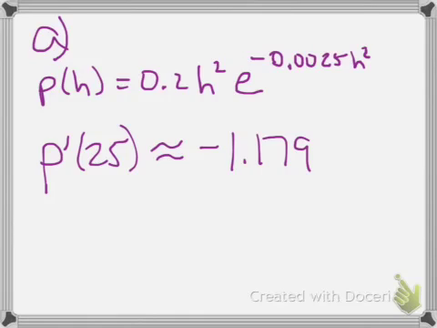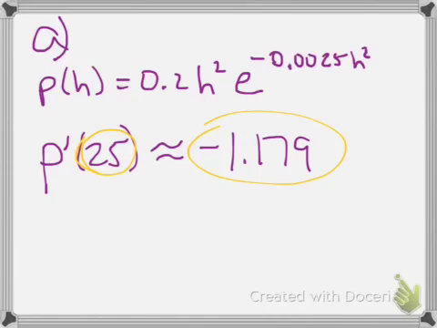So we have to interpret this, and we have to use correct units. When interpreting, we want to mention every little piece of this. So I want to mention the 25 and its units, which are meters, and I want to mention this, which was given in millions of cells per cubic meter.